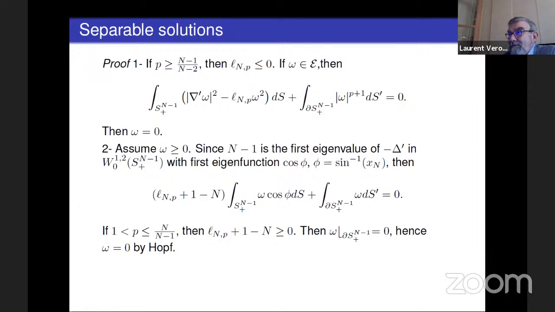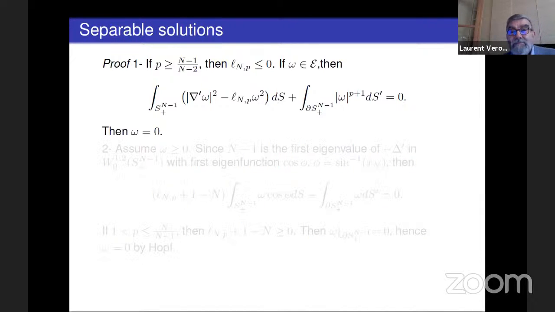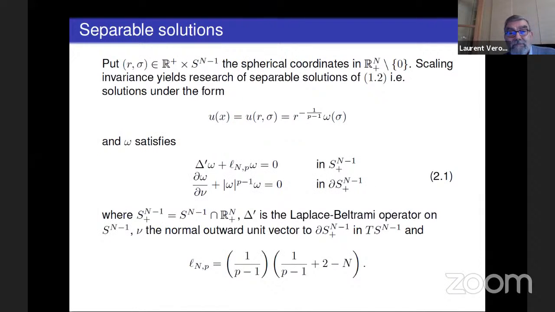The second question is: in equation 2.1, is L_{N,p} related to the eigenvalue of the Laplace-Beltrami operator or the curvature? No. The L_{N,p} comes directly from looking at the solution u(x) = u(r,sigma) = r^{-1/(p-1)} times a function of sigma.